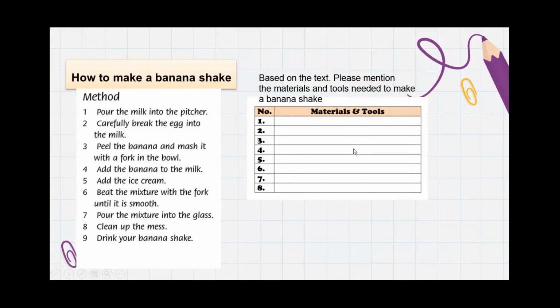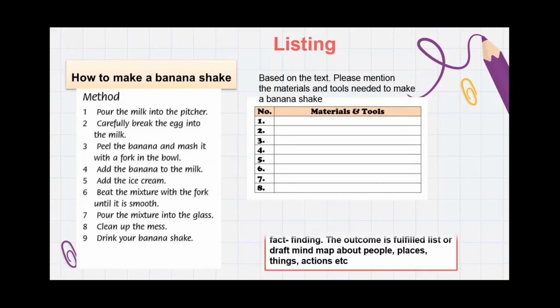In a listing, you can list things, actions, reasons, everyday problems, things to do in various circumstances, etc. For the process of listing, there are brainstorming and finding. The outcome for this task is a completed list or draft mind map.